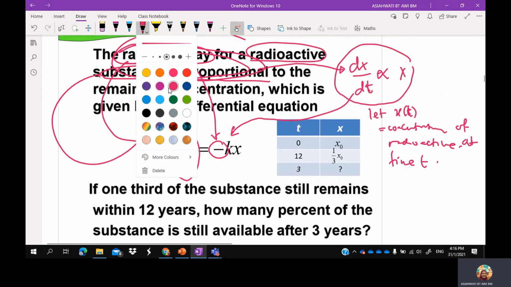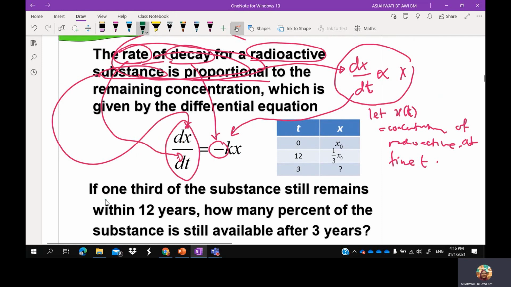Then the next info. If 1/3 of the substance still remains within 12 years, how many percent of the substance is still available after 3 years? Say you have time t, and you represent x as the substance.